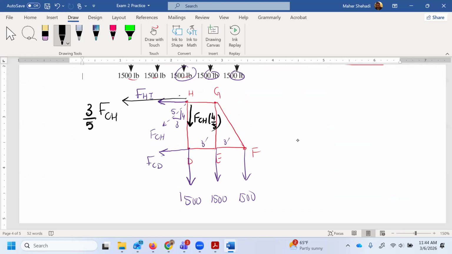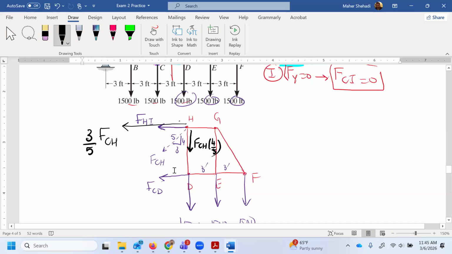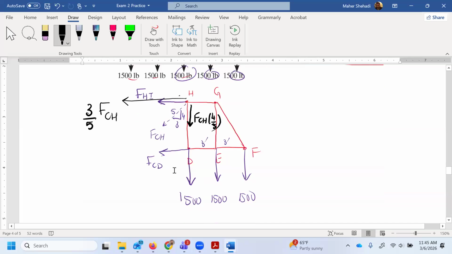So I need to solve now these three forces, HI, CH, and CD. Again, why do we need CH? Because I need to use joint C later. So we'll start with the equilibrium for this section. We will take the moment about the point that has the highest number of unknowns, which is point H right there. So summation of moment about point H equals 0.